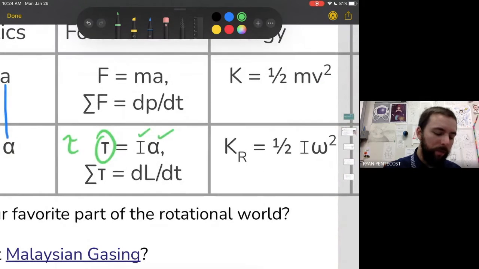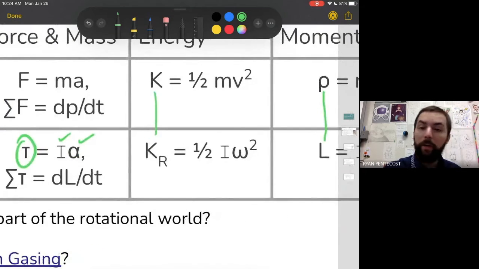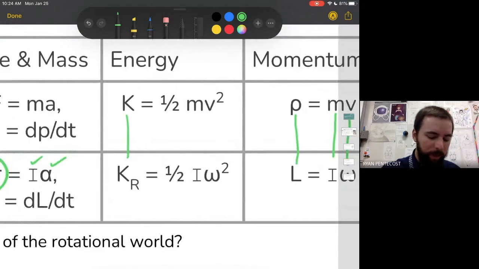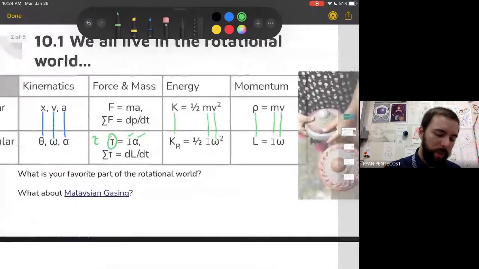So if summation of force is the derivative of momentum with respect to time, summation of torque is the derivative of angular momentum with respect to time. So that is also direct translation. And then here we have rotational kinetic energy. I haven't talked about this yet, but we will this chapter. One half obviously stays one half, but when you see that m, it goes to moment of inertia. Where you see that v, it goes to omega, right? So you've got a lot of direct translations all throughout this chapter.